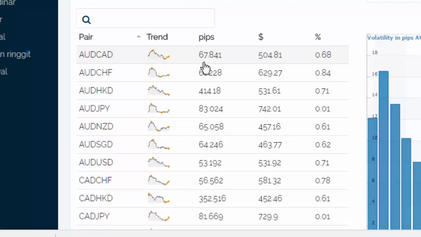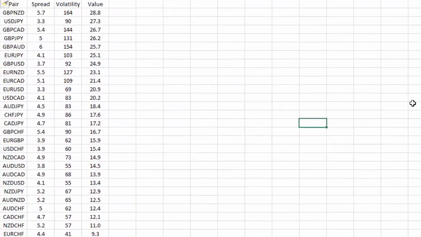Now let's relate volatility to the spread. One of my clients has done an Excel spreadsheet for his particular broker and calculated the value he's getting from the spread that he is paying. Okay, it's a very simple spreadsheet.